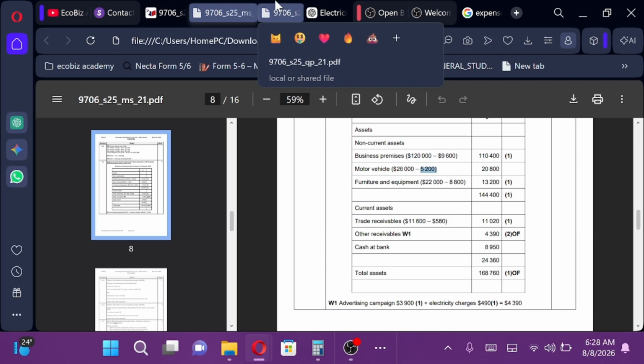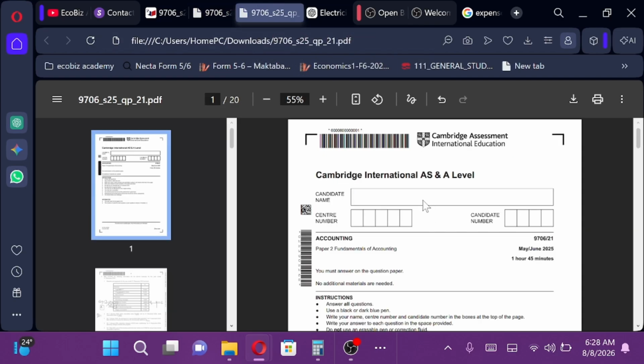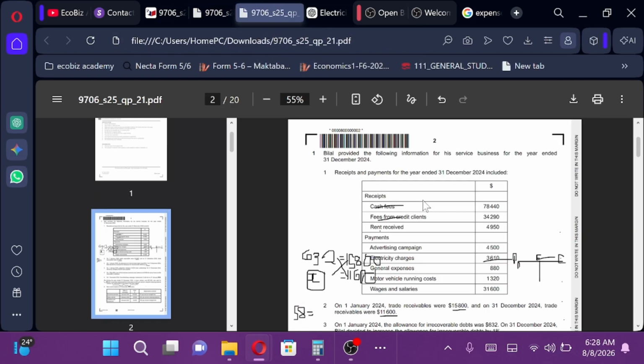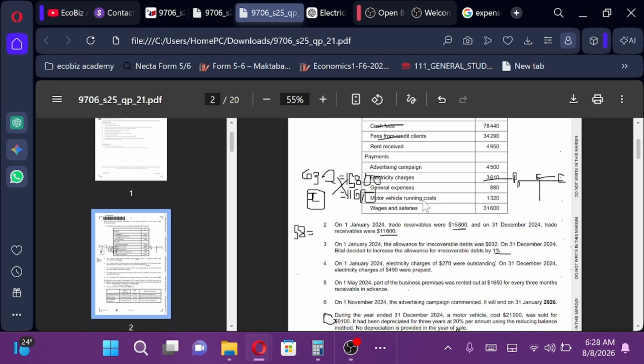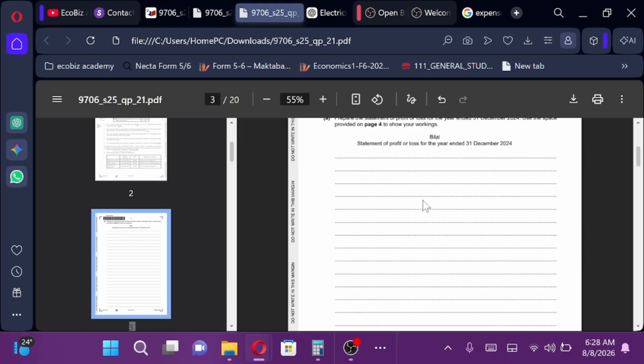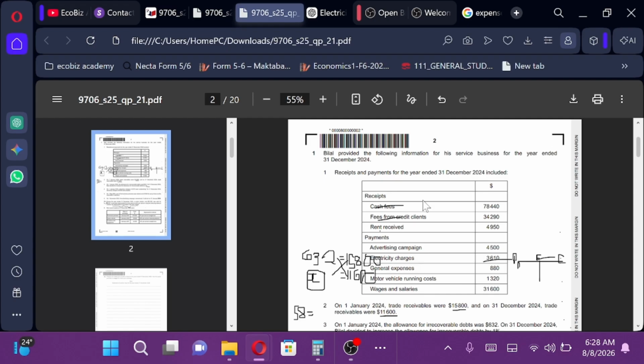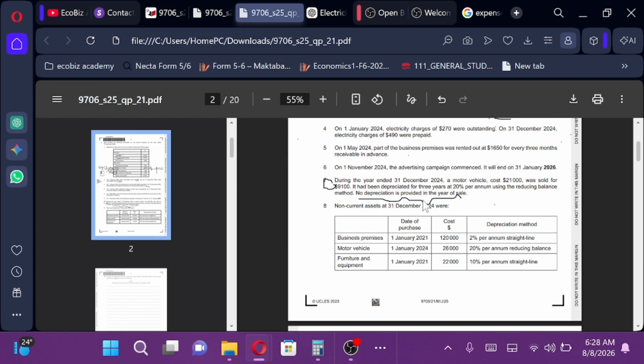So what we're gonna do, remember on this previous part, number 1A, what is the amount that we got for motor vehicle? If you don't remember, I don't remember either actually.